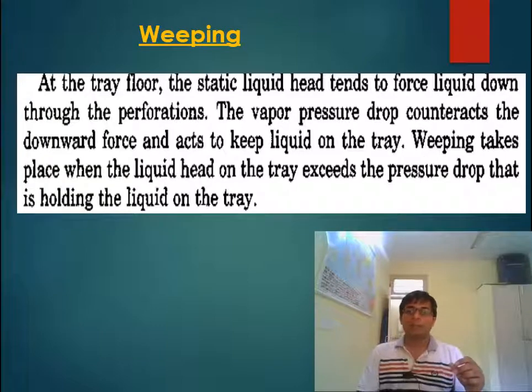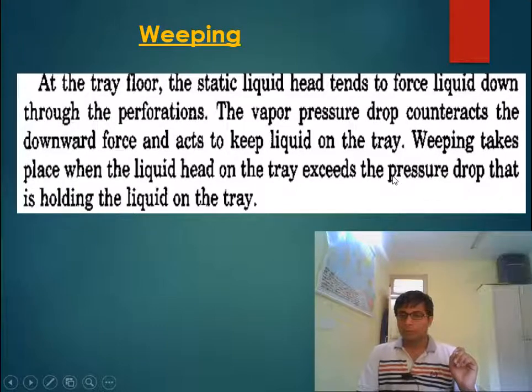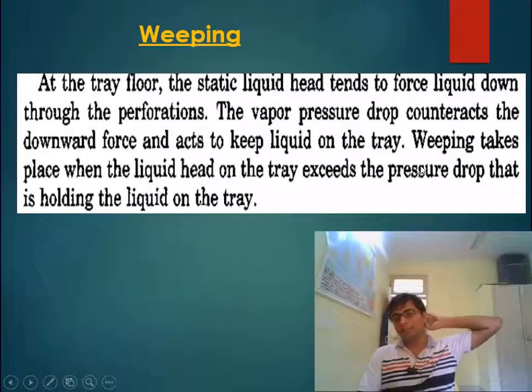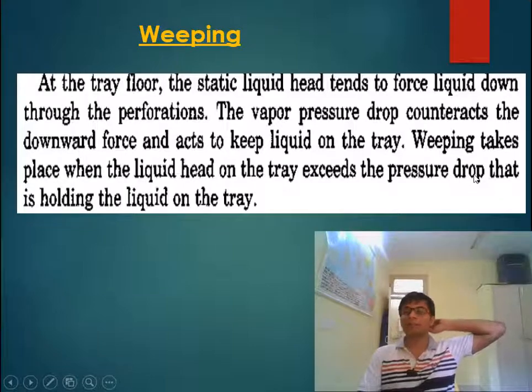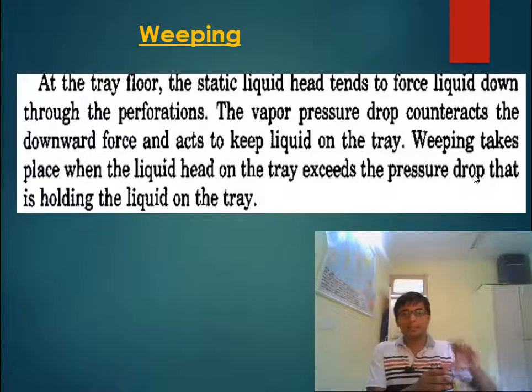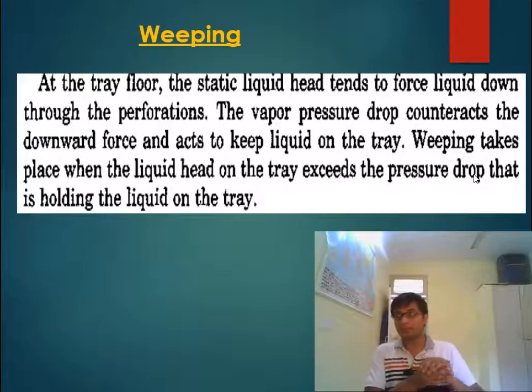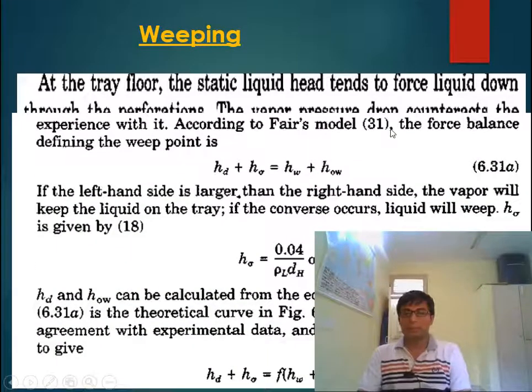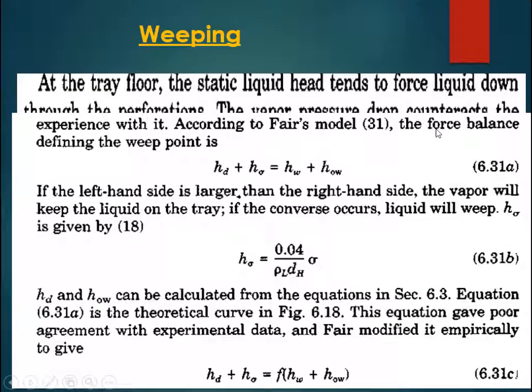I mailed him asking what he means by pressure drop, whether it is dry tray pressure drop or the total tray pressure drop. So he replied that it is actually dry tray pressure drop. He thinks that liquid head is balanced by dry tray pressure drop. And this is also confirmed in the later part of that book, where he has calculated the weeping point when the liquid head becomes equal to dry tray pressure drop plus the surface tension term.